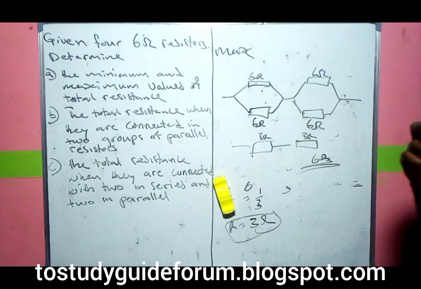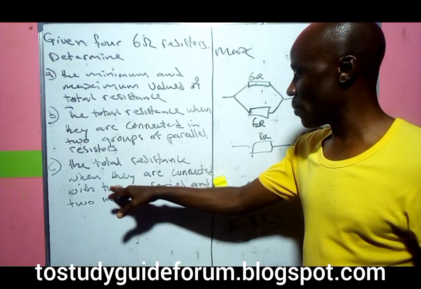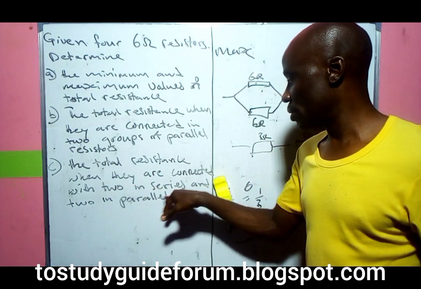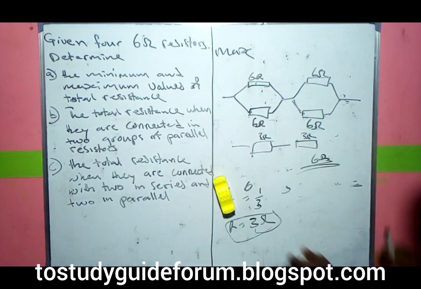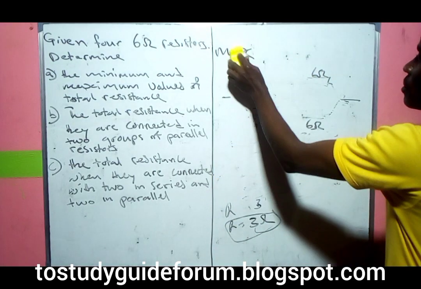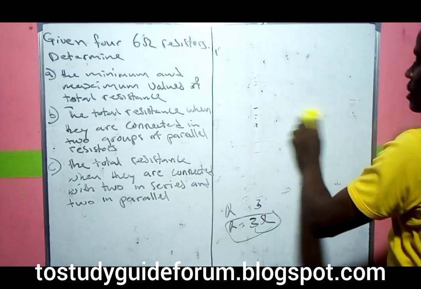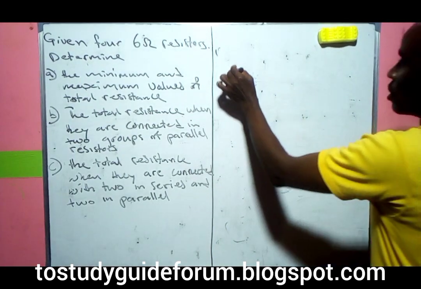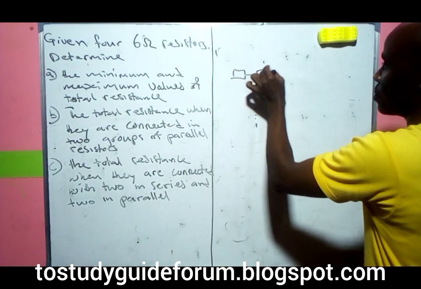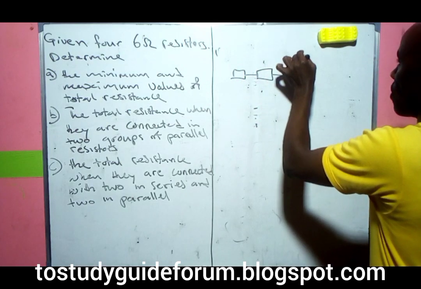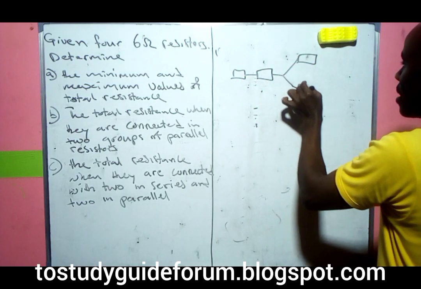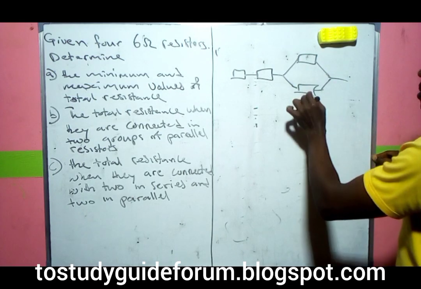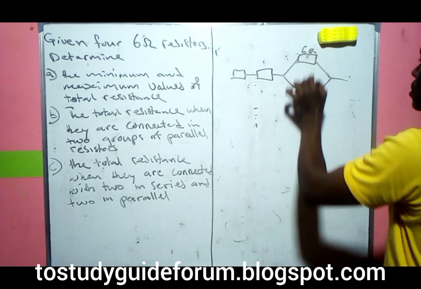The next question asks for the total resistance when two are connected in series and two in parallel. Come back here. If two are connected in series and another two are in parallel, each is 6 ohms.